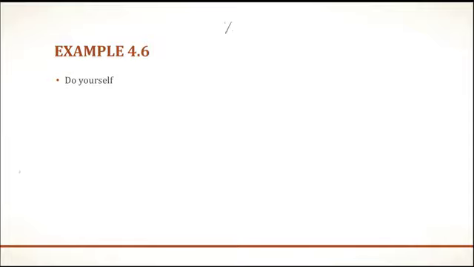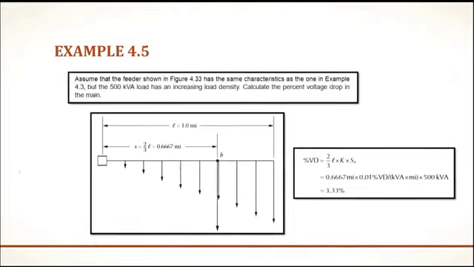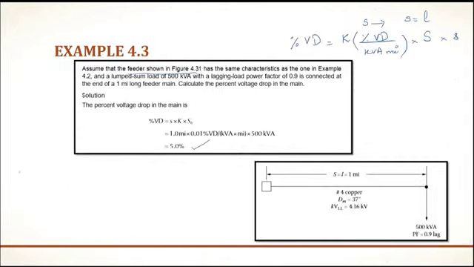So we have seen that the percent voltage drop in case of lumped load at the end of the feeder is highest, that is 5%, and then the percentage voltage drop for uniformly distributed load comes out to be 2.5%, and for increasing load density it comes out to be 3.33%. You can see over here it is 2.5%, and over here it is 5%.